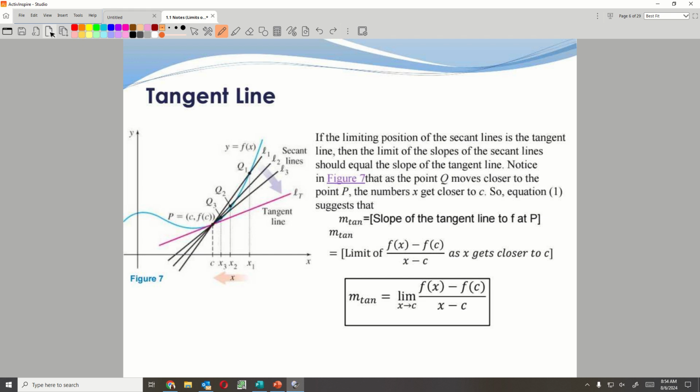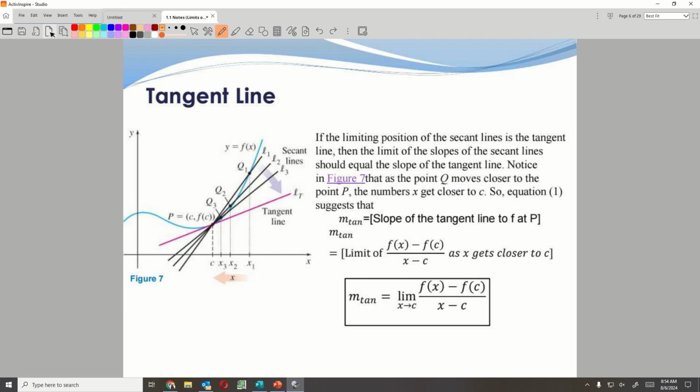To get the slope, all I need is 2 points, right? Rise over run. That's all I have to do, rise over run, or my slope formula. But if you notice, the limit process for the tangent, it approaches c. So that means it gets closer and closer and closer to the c value.